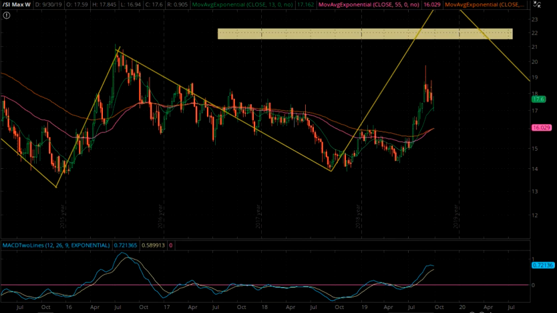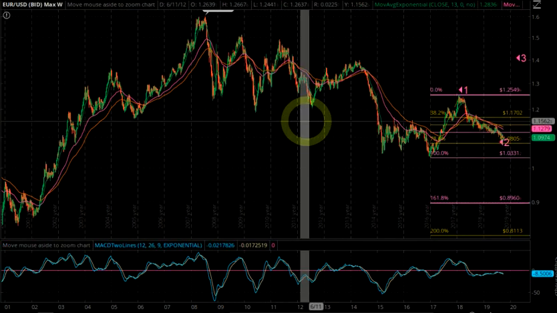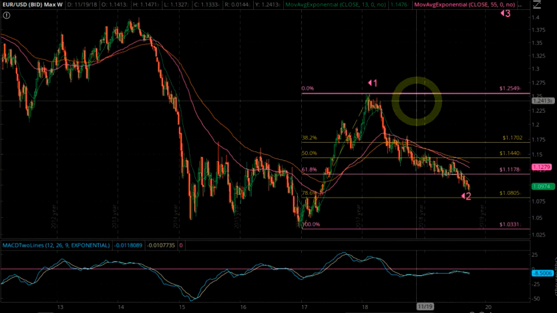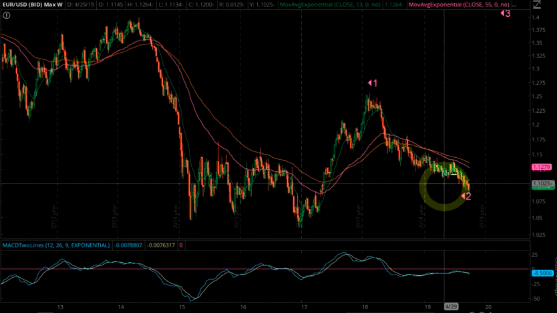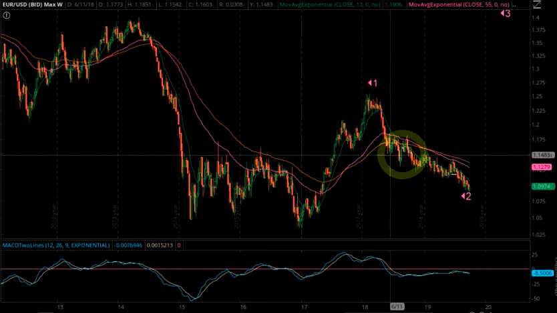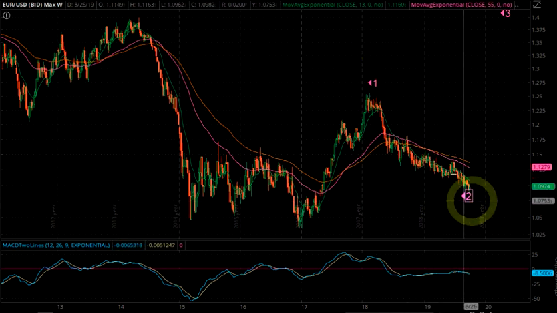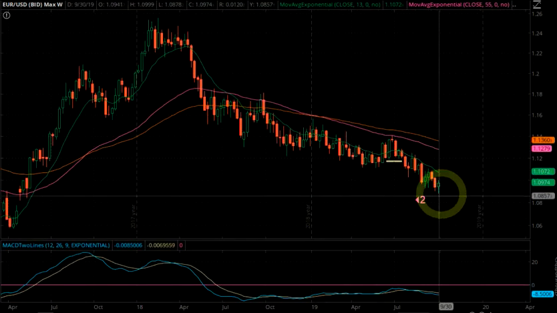All right, what else can we look at? Let's look at the euro US dollar. So again, there's no secret that I've been nibbling at this and made a little bit of money and then missed. It's funny, you can't even see the move here.